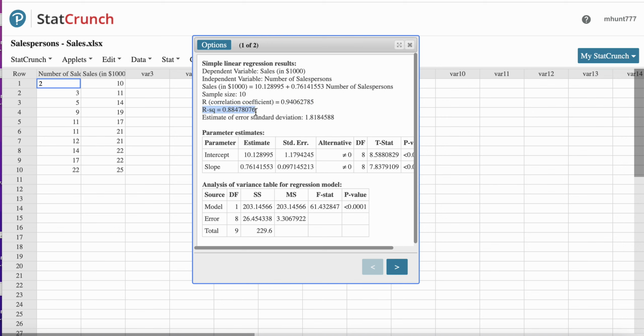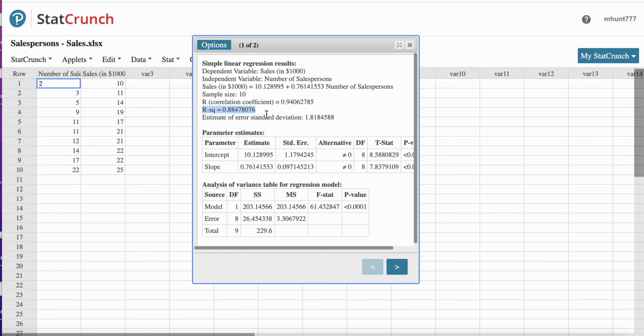You have R squared, which is the coefficient of determination. That big R really should have been a little r for correlation coefficient. The big R squared is 0.88. Let's call it 0.88, or maybe even 4.